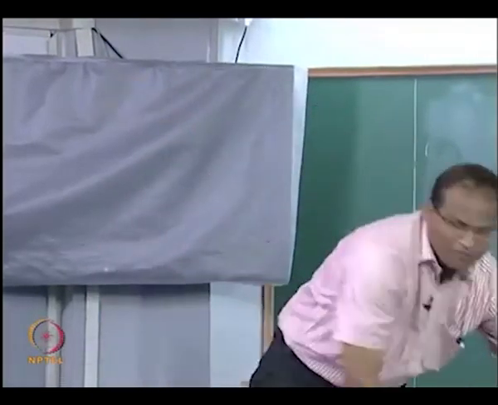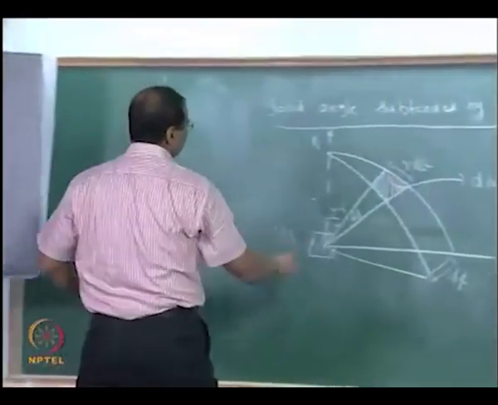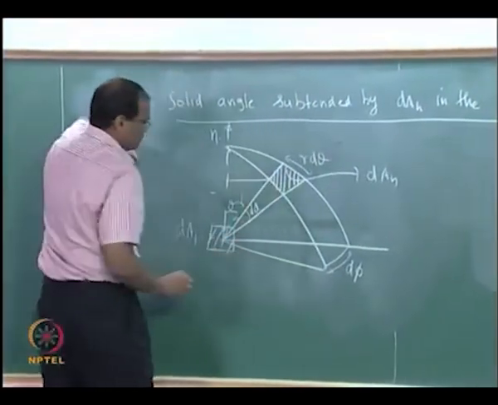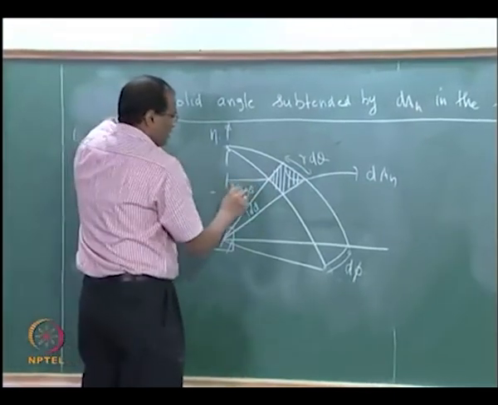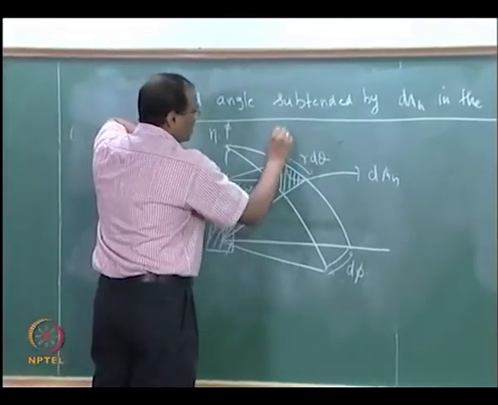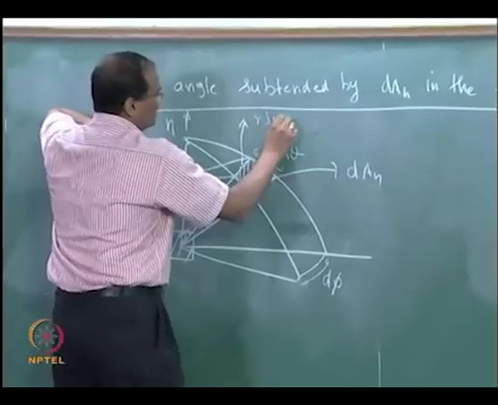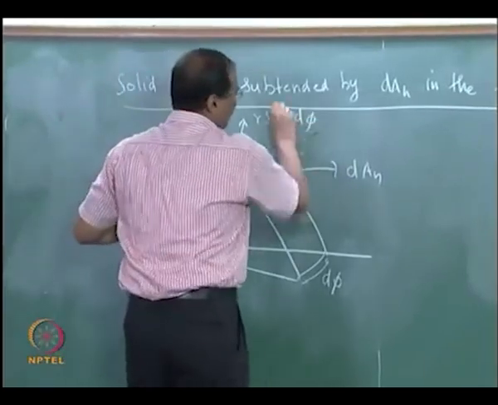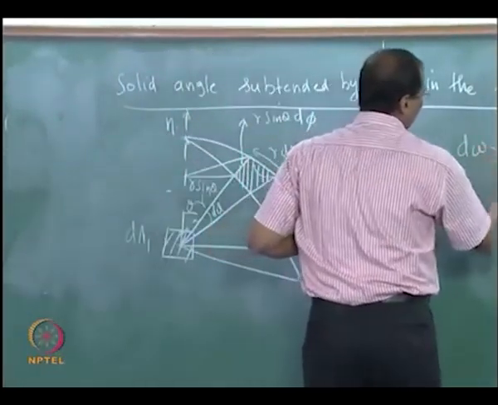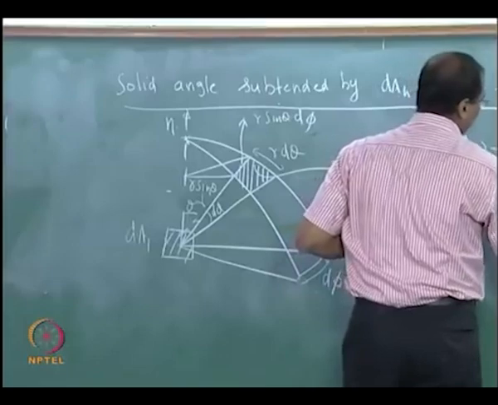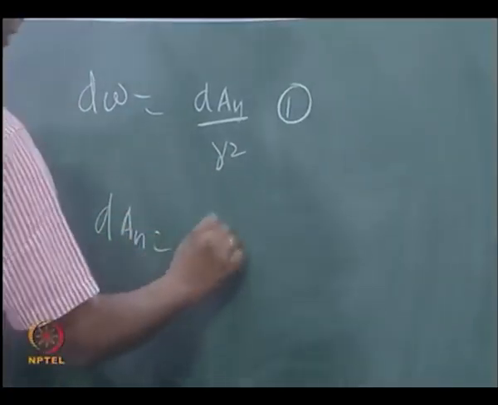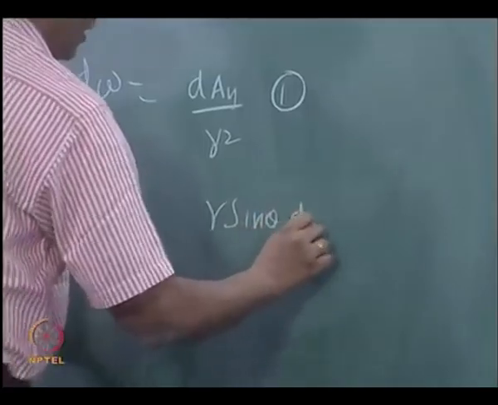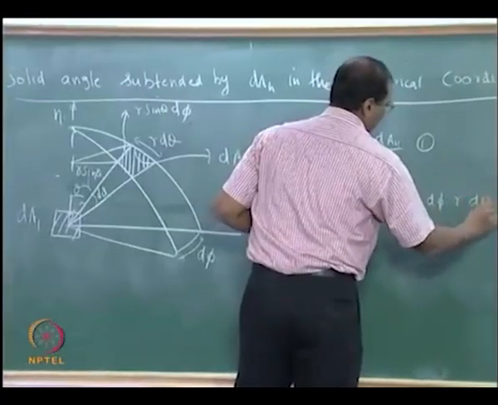Now, what is this? So, what is this now? Tell me. Very good. Already you are jumping the gun. It is r sin theta. So, this fellow is r sin theta d phi. Therefore, d omega equal to dAn by r squared. dAn is r sin theta d phi times r d theta.